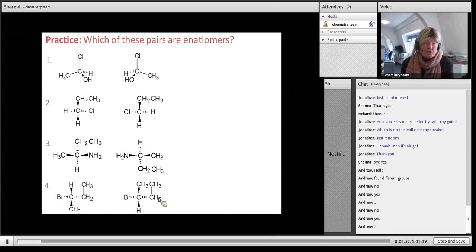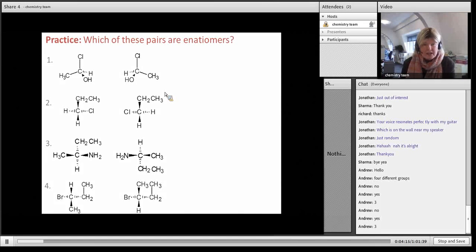Now what we're going to do over here, I've drawn them in 3D because we've got to see whether these are enantiomers. In other words, are they mirror images of each other? And I've misspelled enantiomers. It's E-N-A-N. Sorry about that. So are they mirror images? So you can't superimpose them.